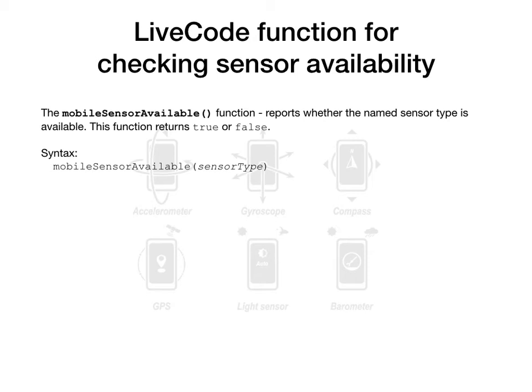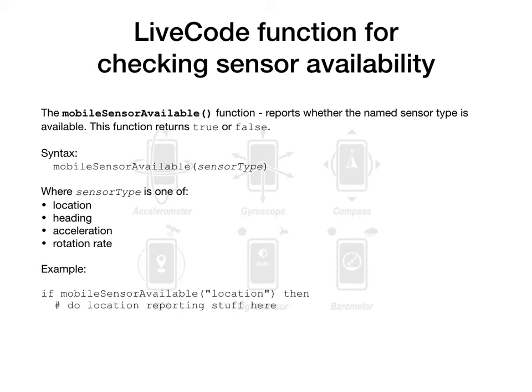It looks like this, and the sensor type parameter would be one of these four: location, heading, acceleration, or rotation rate. And it would look like this in context. So if mobile sensor available location, then you can do some things with location reporting because you have verified that it does have a location sensor.